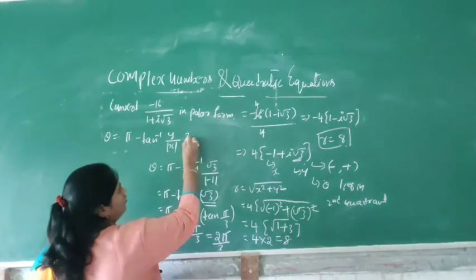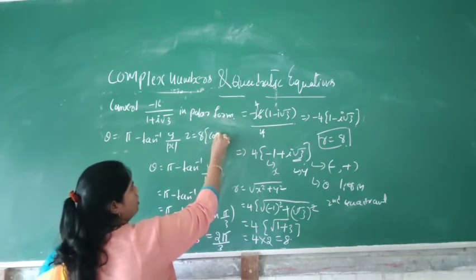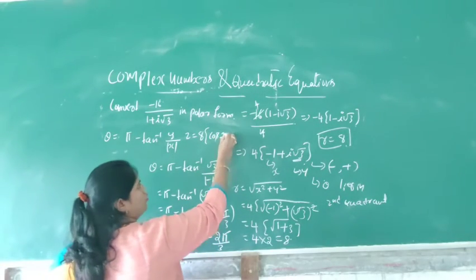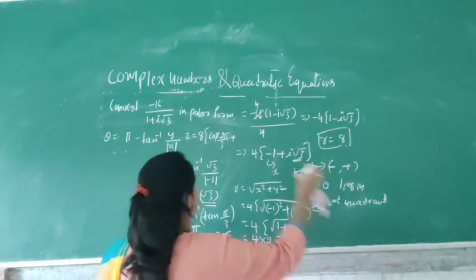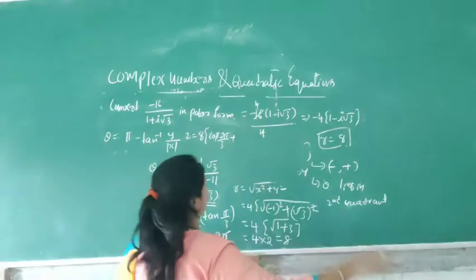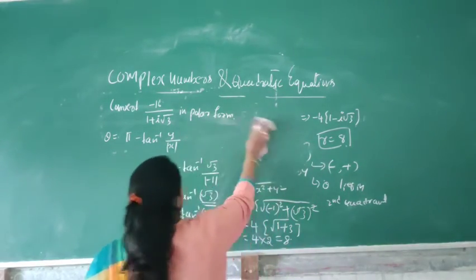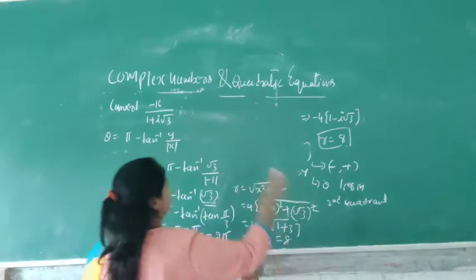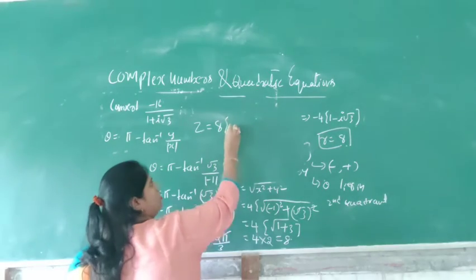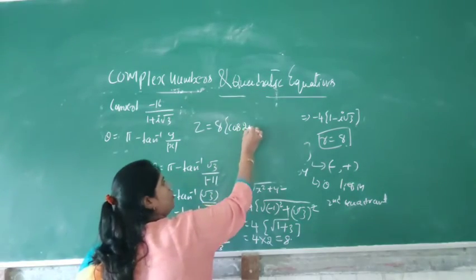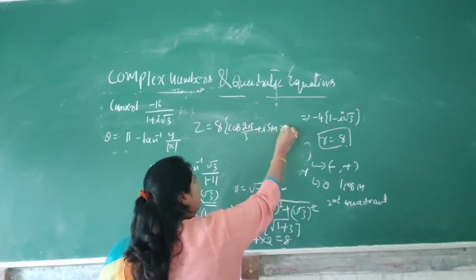So z is equal to r, which is 8, of cos 2 pi by 3 plus i sin 2 pi by 3.